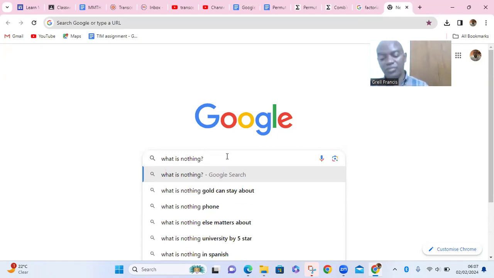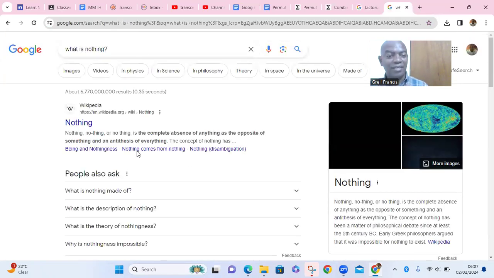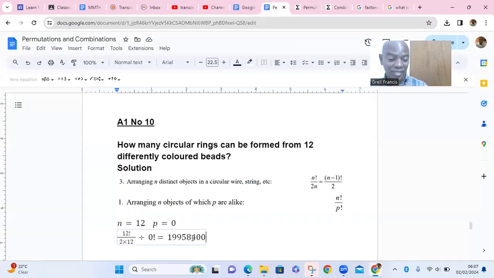That's a highly philosophical word, and it's very debatable. Nothing is the complete absence of anything, the opposite of something, and an antithesis of everything. And it goes on, and it explodes from there. Here you have philosophy, argument, and debating. That's a very profound question. But for our case, nothing factorial is 1.